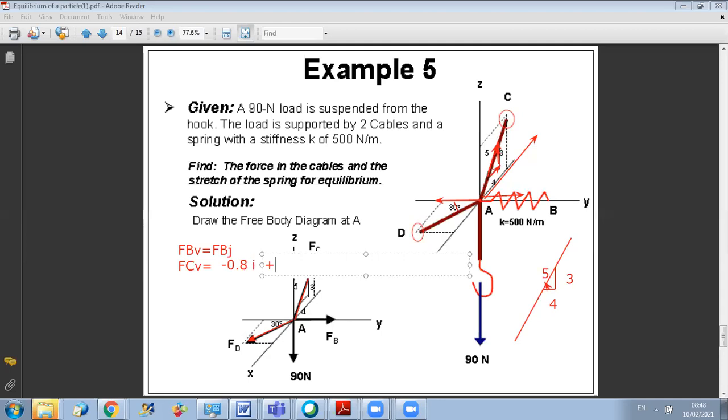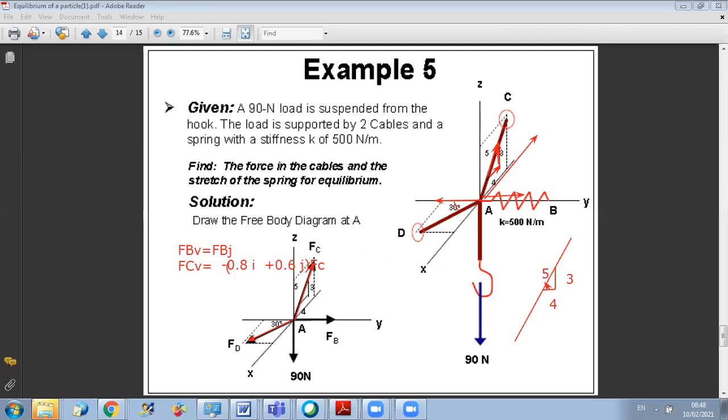And of course, this is, if you want, the unit vector, so I multiply it by FC, the magnitude, which is unknown. So I can say from this equation that FCx is minus 0.8 FC, while FC along k, sorry, it is k, not j.